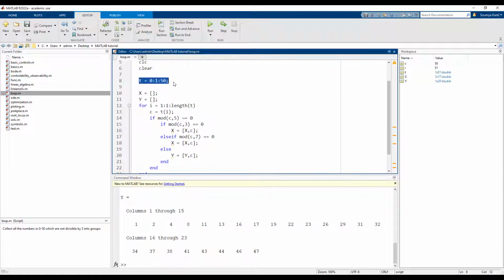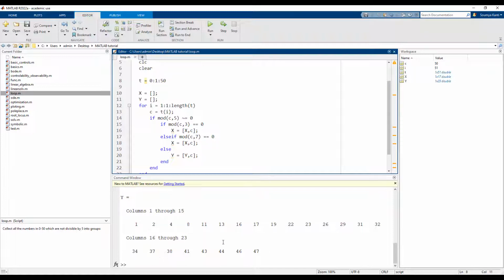So this is actually another way of specifying a vector. Here this is the starting value, this is the ending value, separated with colons, and in between you specify the step size you want. If I now run it, you can see that this is the output.